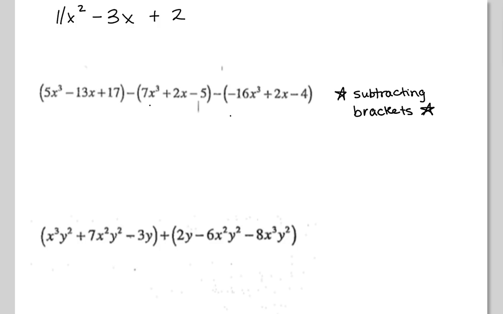This is probably the number one mistake that could happen and will happen to some of you. Happens every year. Like if you're riding a bike and you lean too much to the left or the right and that's the reason you fall, that's a pretty common mistake. When you're doing this type of algebra operations, subtracting brackets is the number one error.